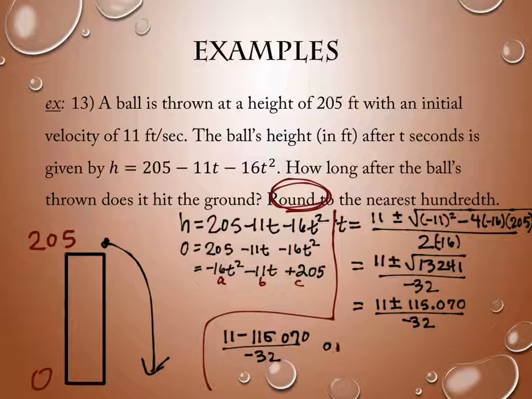The other is 11 plus 115.070 over negative 32. Let's find the values that each of these give us. These are t equals. What is the first one if I take 11 minus 115.07 and divide by negative 32?